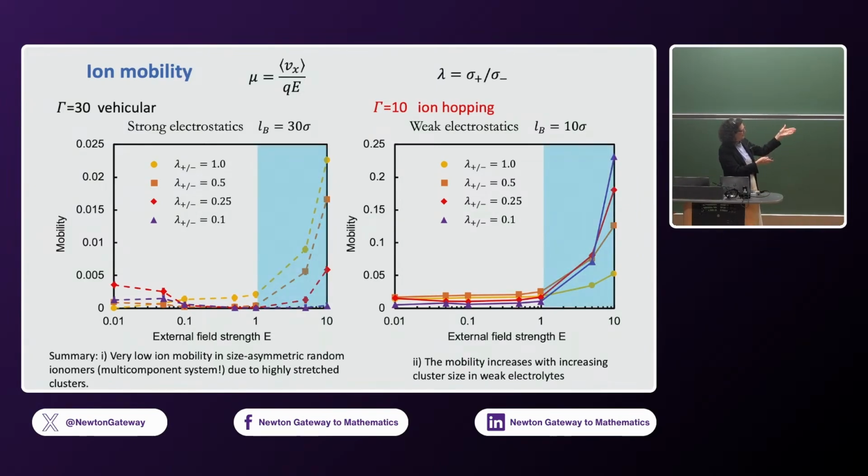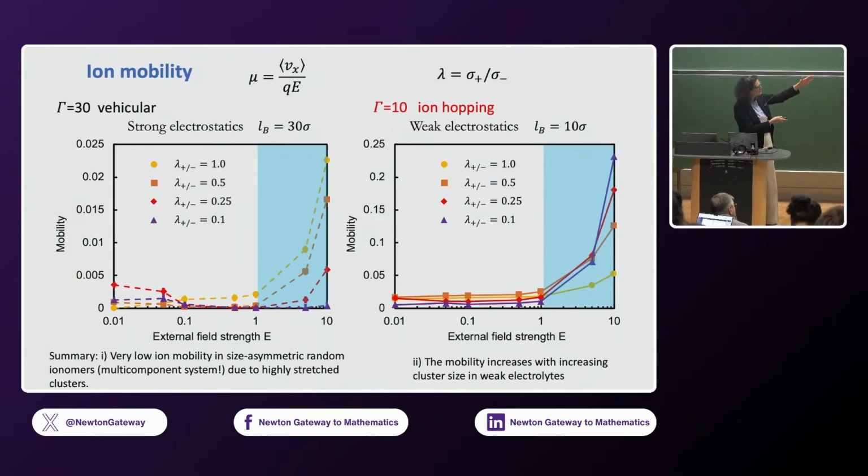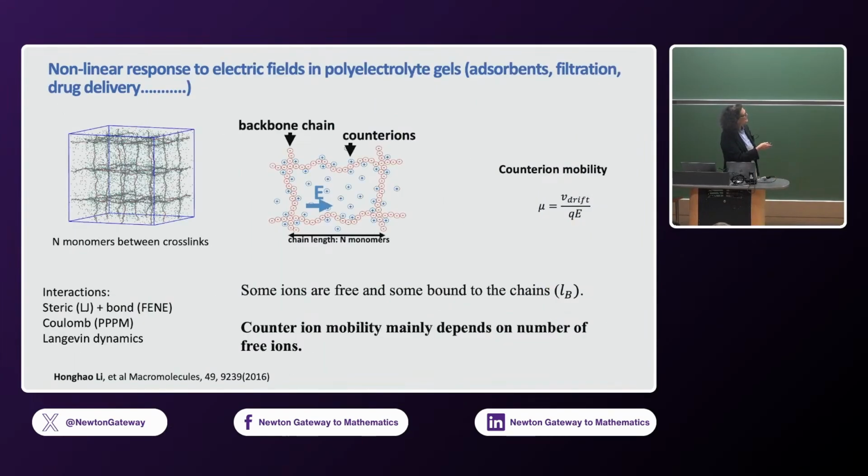And here is the nonlinear part, where the mobilities depend on that ratio, either in the strong electrostatics of vehicular versus hopping. Of course, everybody wants the hopping, because you can see there is an order of magnitude difference in the mobilities. So this is just a summary of this part.